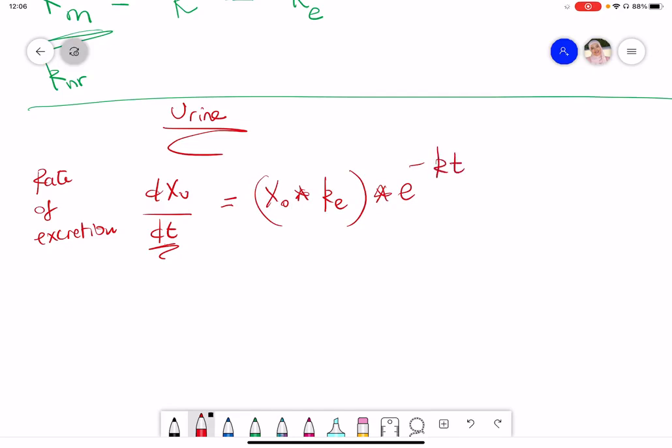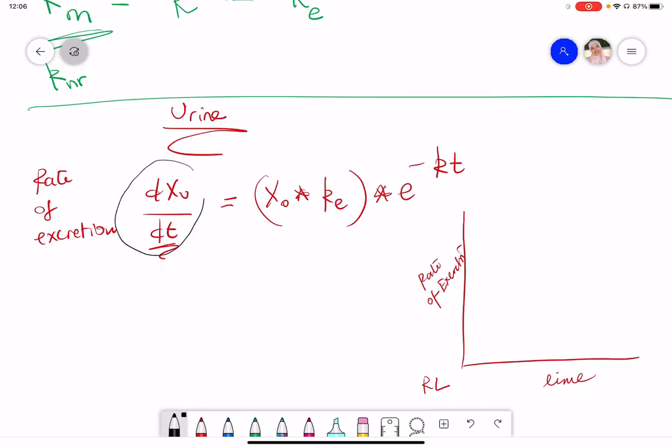According to the profile, let me sketch the profile, rate of excretion versus time. This versus this gives me the mono-exponential profile. According to whatever we mentioned so far, at each time point, we are considering that the amount of urine is excreted at that exact point, right?